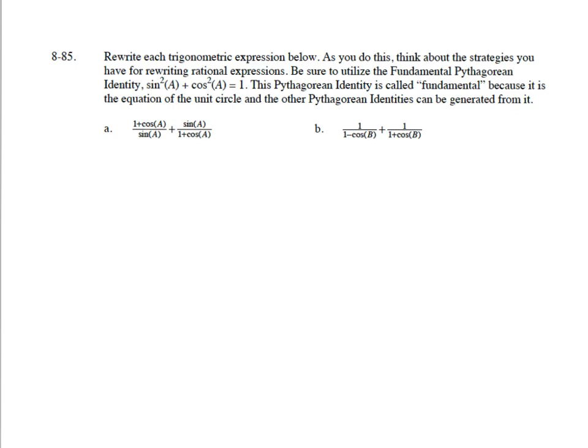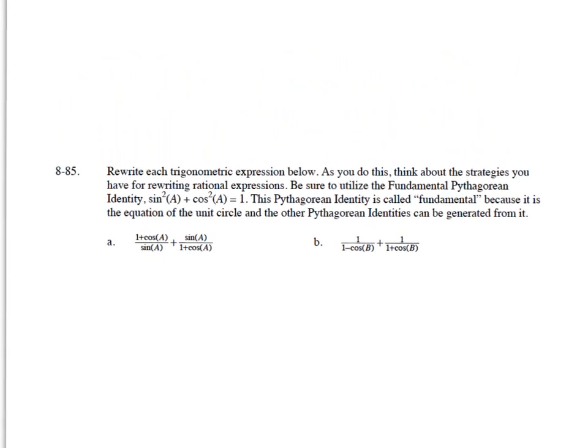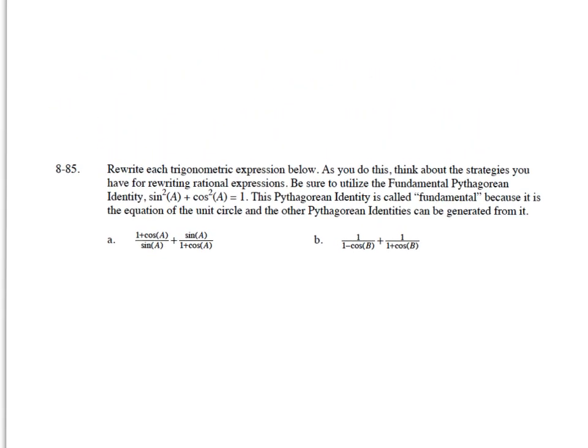Now I'm going to do a few more here. And I may pause this and have you try one of them on your own. But things that we need to be keeping in mind as we go through this process is, 1, we want to write things in terms of sine and cosine.